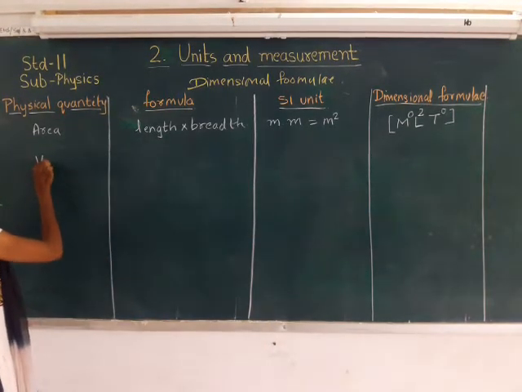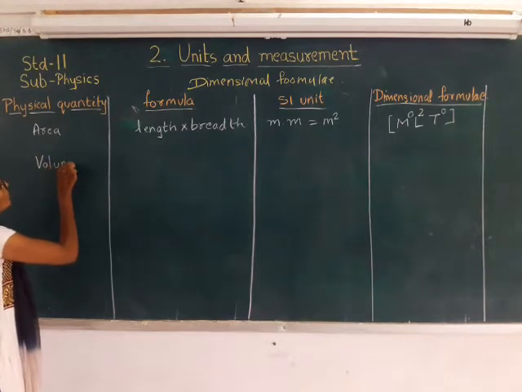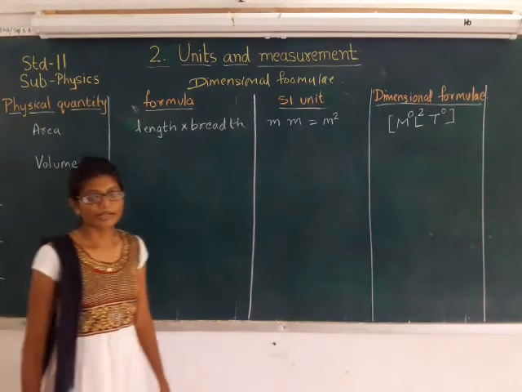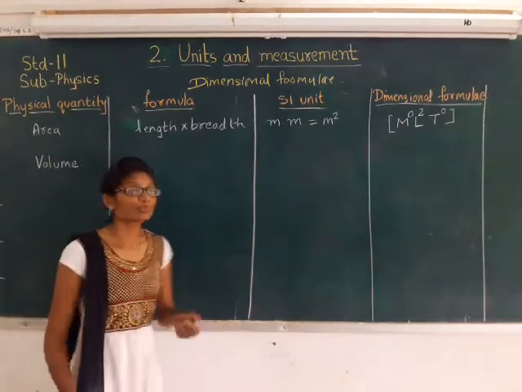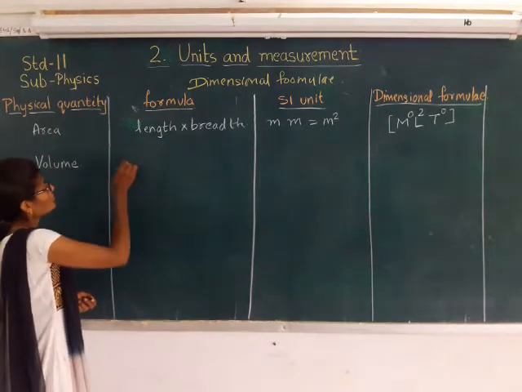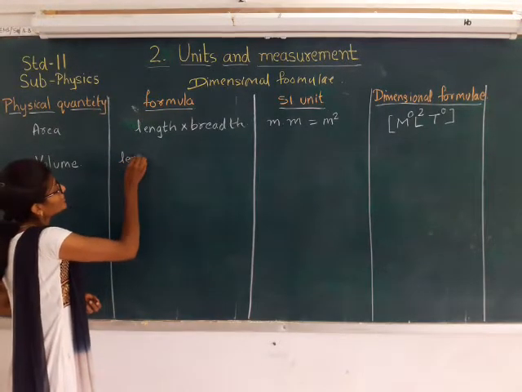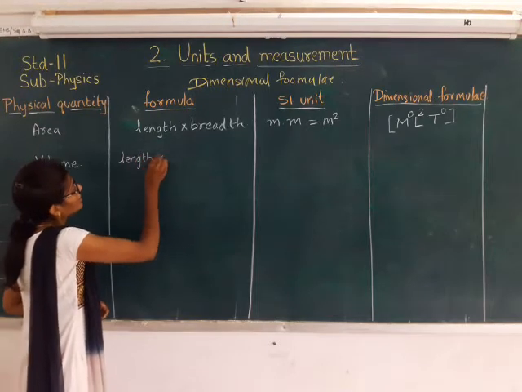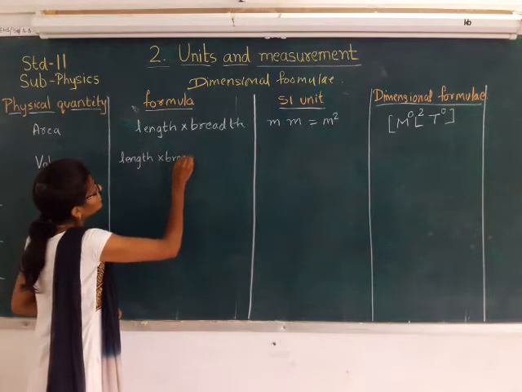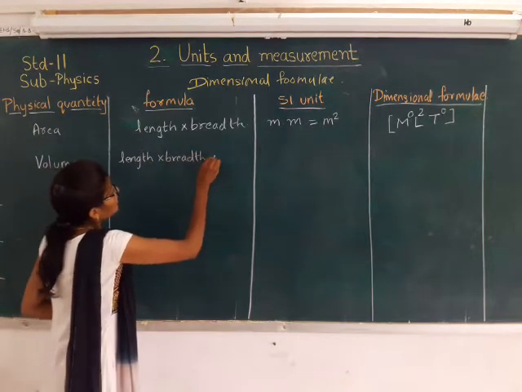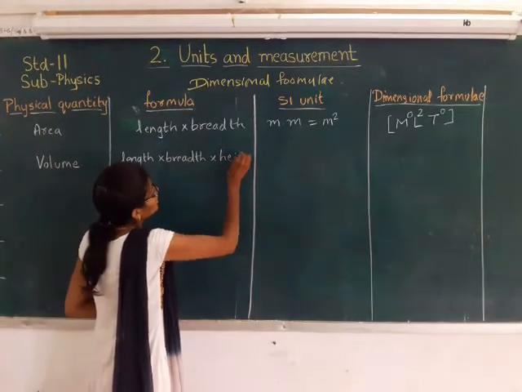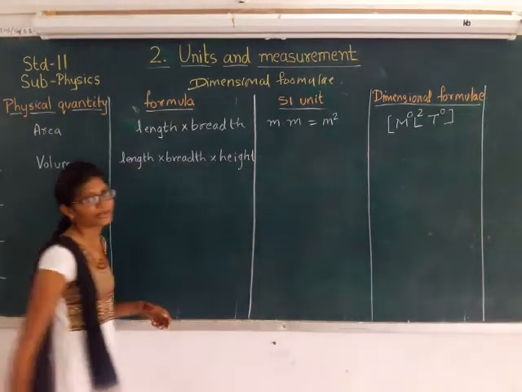Now let us find the dimensional formula for volume, right? What is the formula for volume? That we need to write first. The formula for volume is length into breadth into height, right?